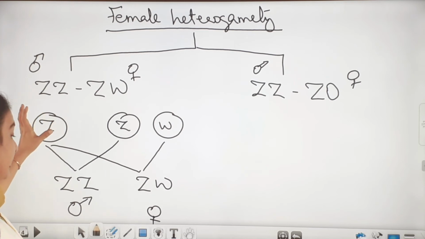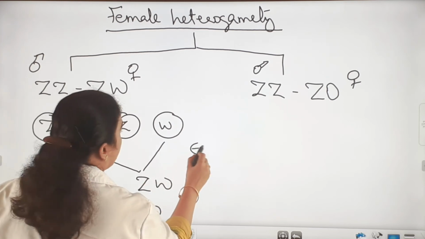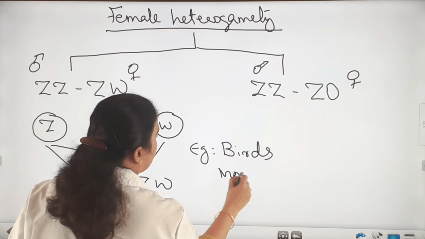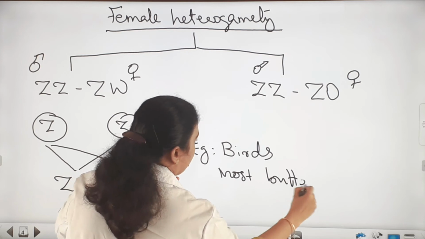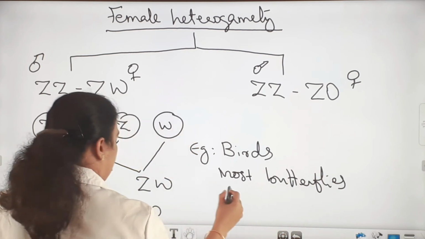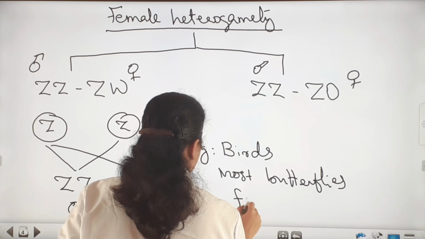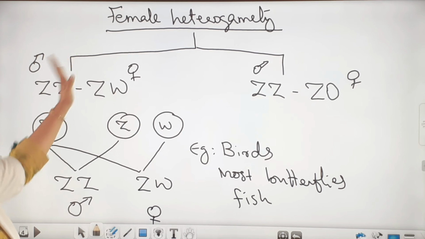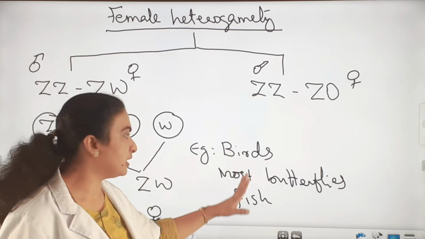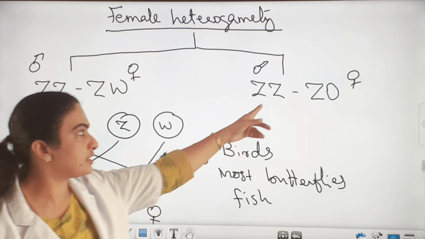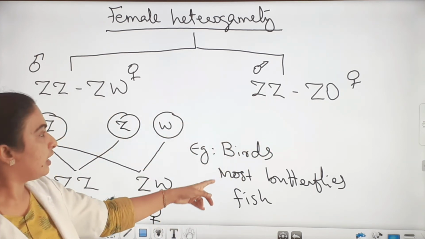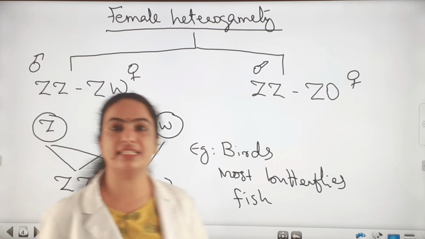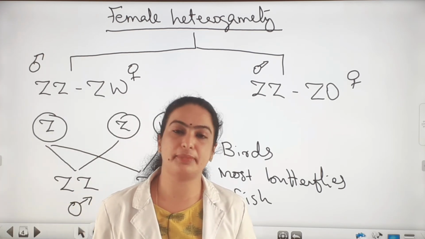This is the female heterogamety, and this type of ZW sex determination mechanism is common in birds, most of the butterflies, then fish, etc. Some butterflies are showing this type of sex determination, and fish also show ZW type of sex determination.